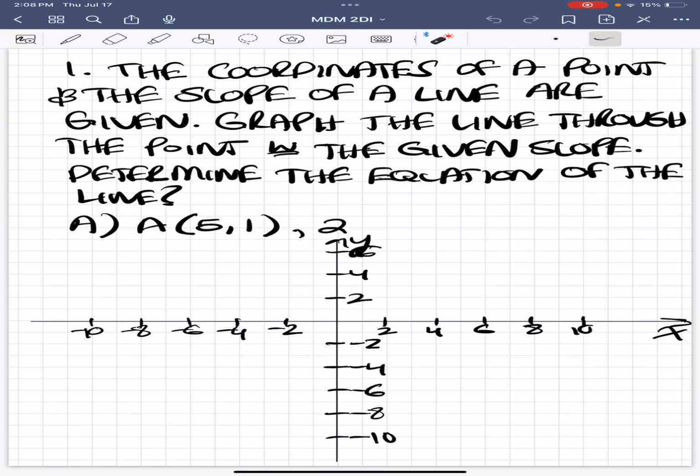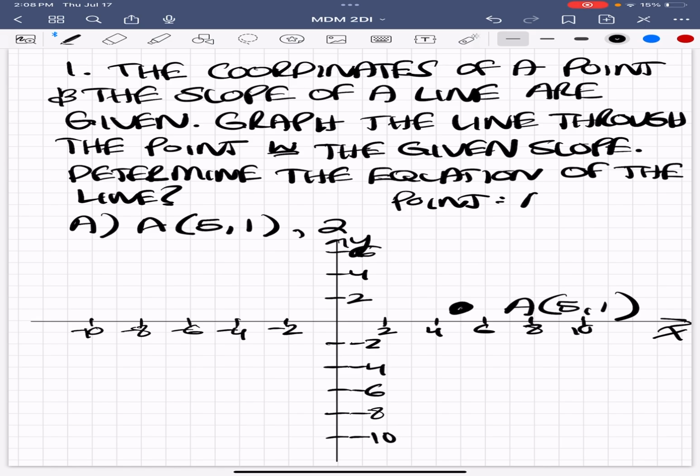Alright, so the point given, we were given 5 comma 1. So that's the point given. And then the slope is 2, so the point is 5 comma 1, and the slope is 2 over 1, being rise over run.